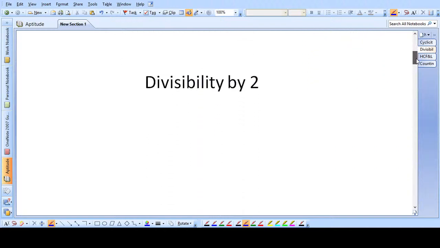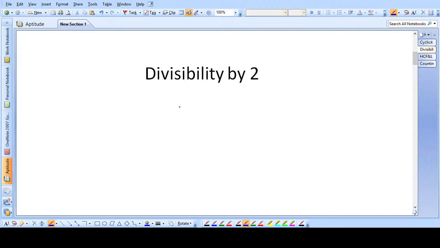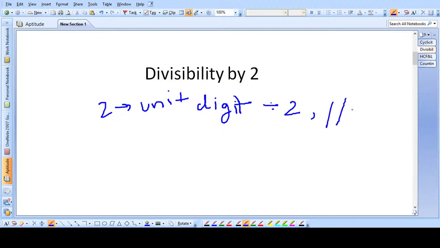So agar koi number diya, if a number is asked to you, that is, is it divisible by 2, so what should be the properties of a number which is divisible by 2. So if a number is divisible by 2, its unit digit should be divisible by 2, or the unit digit can be 0 also.